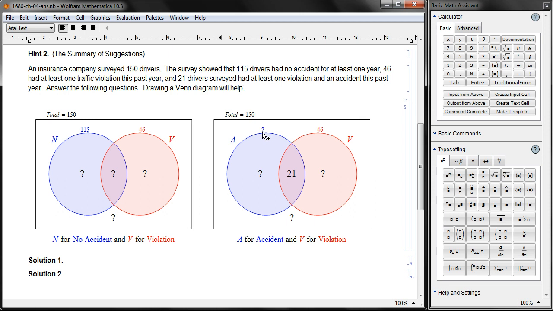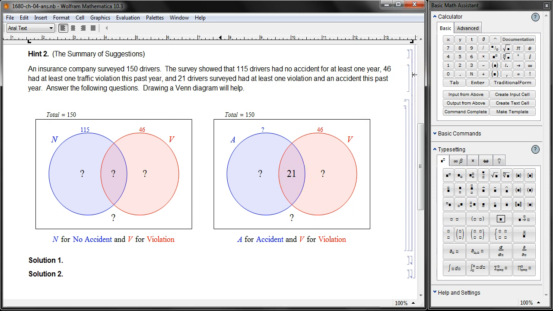We'll answer that a bit later. It's easy. 21 drivers had a violation and an accident. That's easy, that's the intersection. Right here, violation and an accident. So that's 21, and the other 4 question marks I have to fill in.